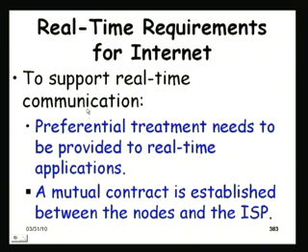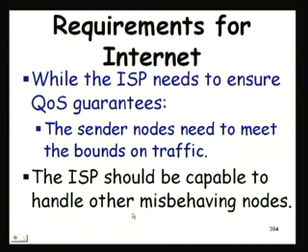Now, to support real time communication, preferential treatment needs to be provided to real time applications, that is clear. It cannot treat all the messages in a similar way. To provide a preferential treatment to the real time applications, there has to be a contract established between the nodes and the ISP, on what the required service quality is, and based on that the services will be provided.